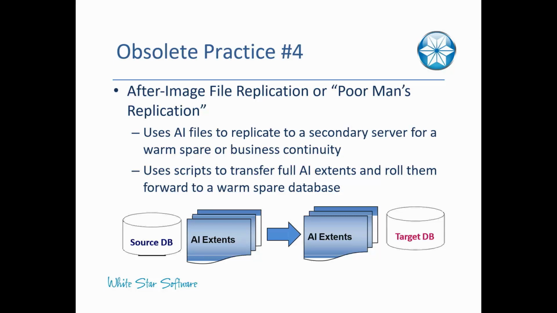After image file replication basically uses your after image files and, using scripts, transfers them to another machine, your DR machine. And then on this machine, there's a process or script running that will automatically roll forward all the changes to your target database. So essentially it gives you a warm spare to use in case of a failure with the main machine.